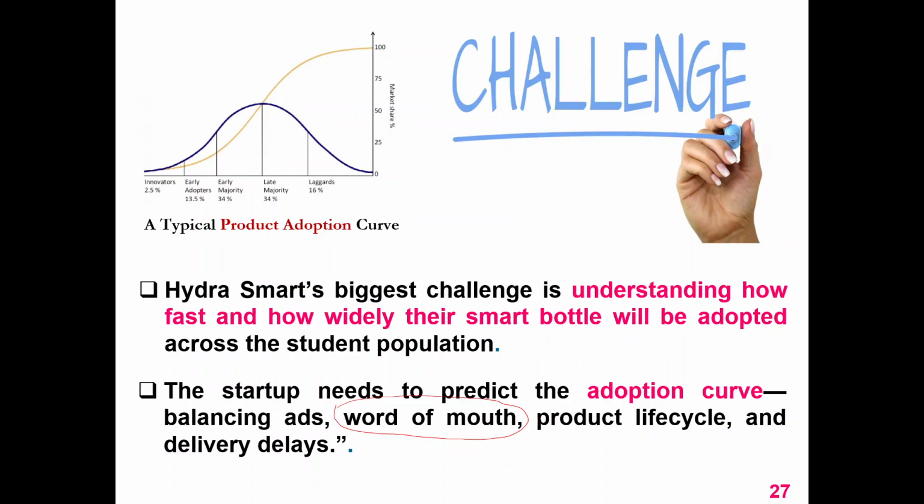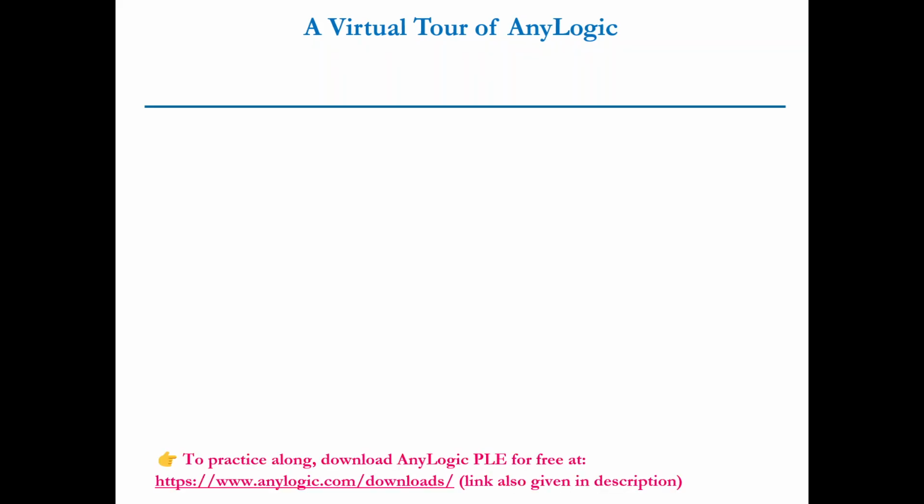Now, before we start modeling in AnyLogic, let's have a small brief tour of AnyLogic. In the link mentioned in the description, you have to download the Personal Learning Edition and install it like other software.